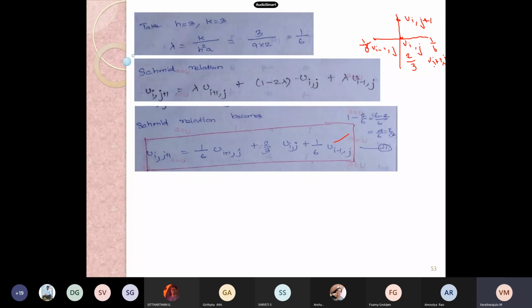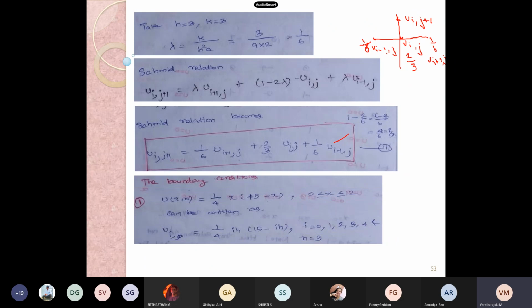So the coefficient of the Schmidt relation purely depends on the lambda value. To have lambda, first we need to decide the interval in the x and t axes, and check the value of a, the coefficient of ut. Based on this information, we can get the coefficients of the Schmidt relation.